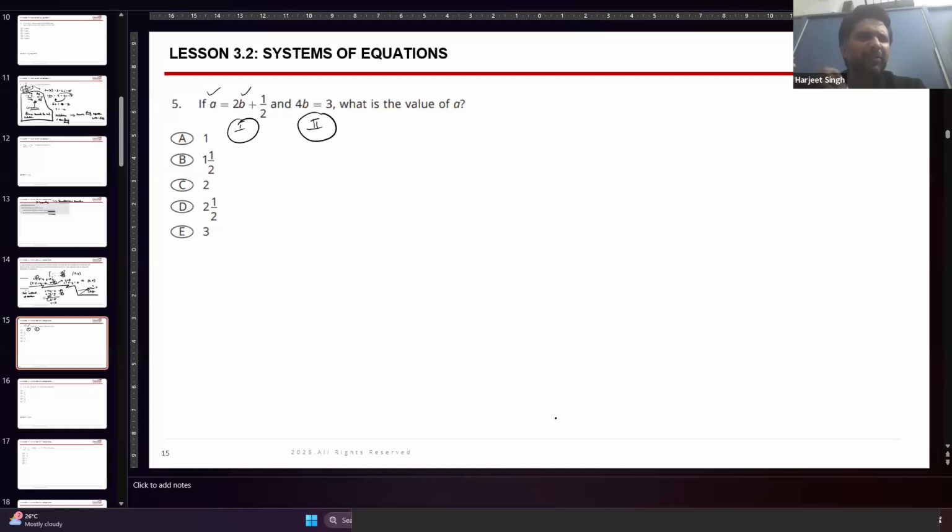Generally, our purpose is to eliminate one variable. So luckily for us, when we look at 2, a is not present. So we can directly solve for b is 3 by 4 and substitute that in 1. So then a equal to 2 into b, which is 3 by 4, plus half.